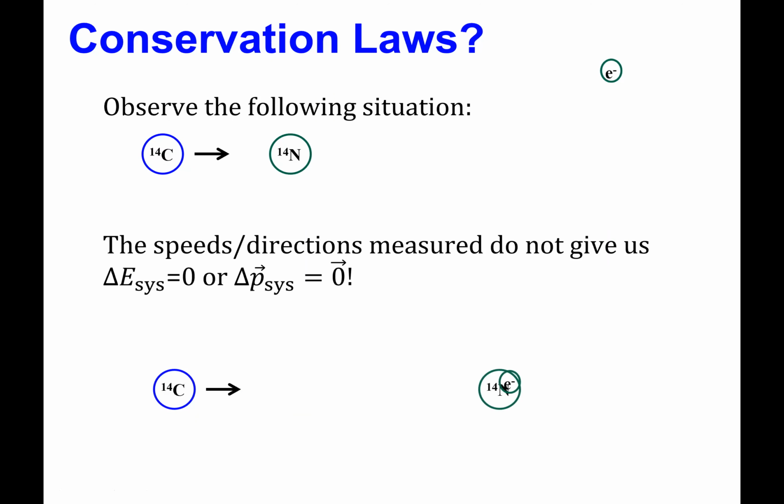Well, this is fixed if we assume that there was another particle that we simply didn't detect. So there's an electron that goes off this way, but we're making an assumption that there was another particle that for some reason we couldn't detect or weren't aware of, and it moved off in this lower direction here.